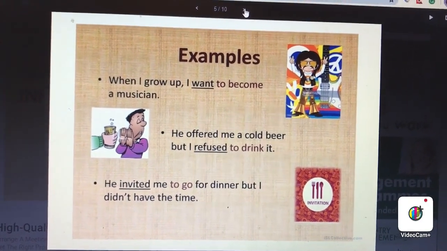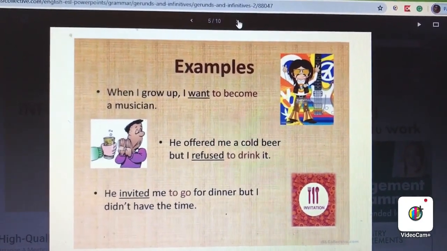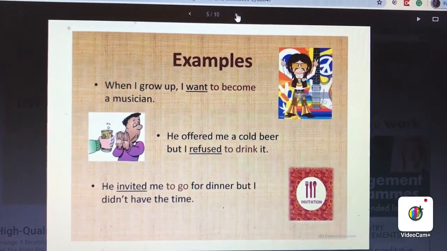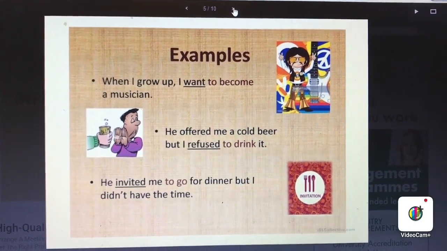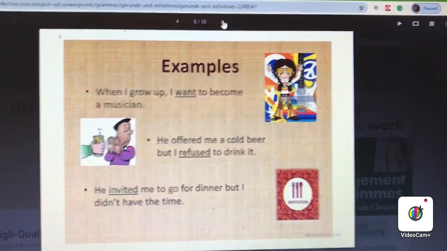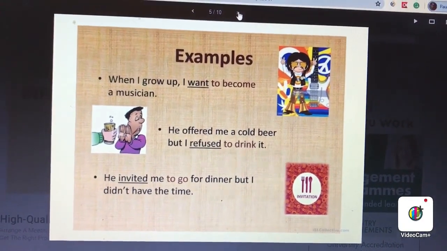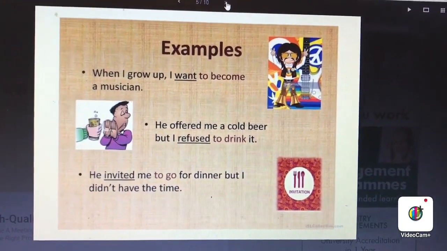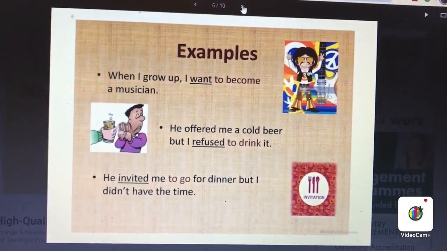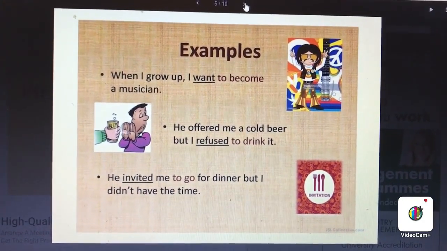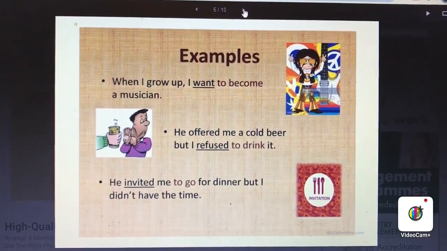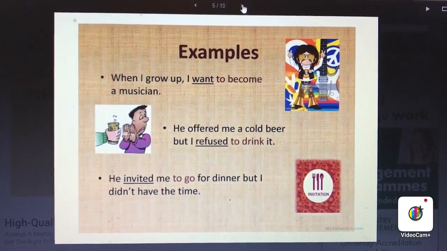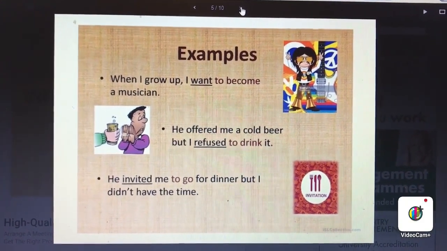It's a complete clause. We have studied clauses before, and to make a compound sentence, we need a main clause with a subordinate clause. And we divide these two clauses with the help of a conjunction or a punctuation, as we are using a comma over here to divide both clauses. I want to become a musician is the main clause.